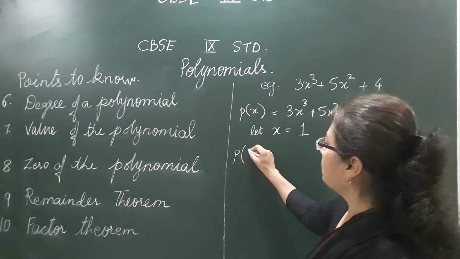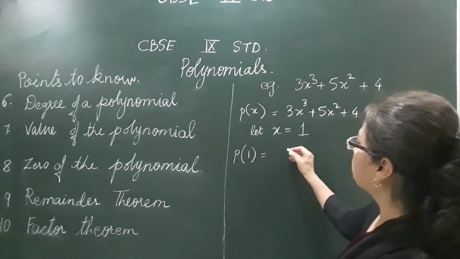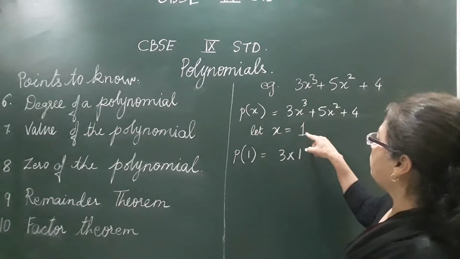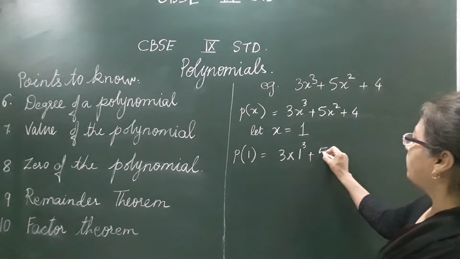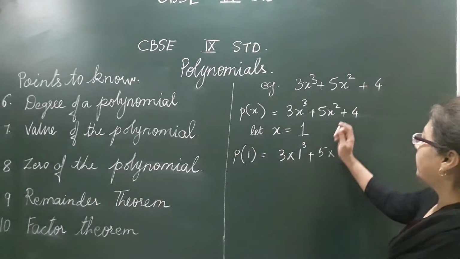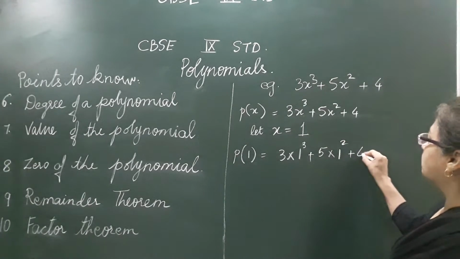In the polynomial, in place of x I'll substitute 1. So this becomes 3 into x cubed, that is 1 instead of x and 1 raised to 3, plus 5 into x raised to 2, so instead of x we write 1 raised to 2, plus 4.